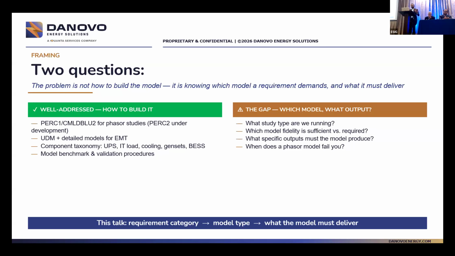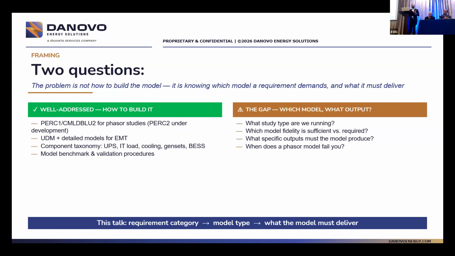We have the UPS, the cooling system, the motor load, whether it's VFD connected or motor direct line connected. All of those are being built out. We're also seeing some level of model verification and validation. In ERCOT, they have a model quality test curve that people now look to verify compliance with.